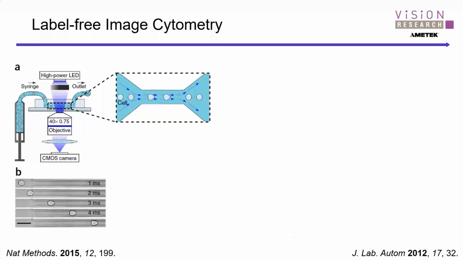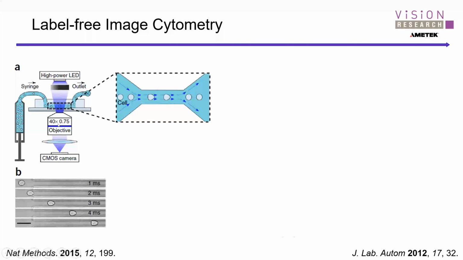So what people are doing here is there's been a recent push toward label-free cytometry. So in this case here, they have a syringe pump filled with cells, just like you would during a normal image cytometer setup. And they push it through a microfluidic channel. They have a high-speed CMOS sensor down here with a high-power LED. This could be upside down if you wanted it to.